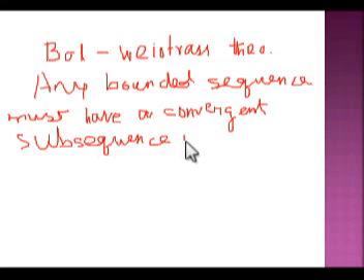In other words, you can say it must have a limit point.